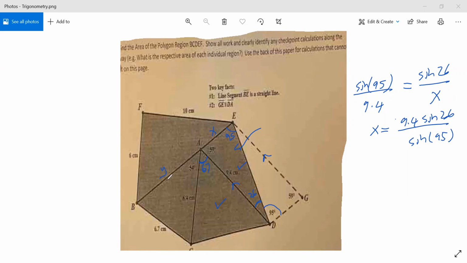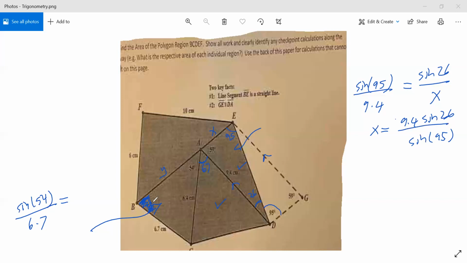If I use the law of sines on this triangle, it's going to be sine of 54 divided by 6.7 equal to, and now I'm going to try to figure out this angle right here.